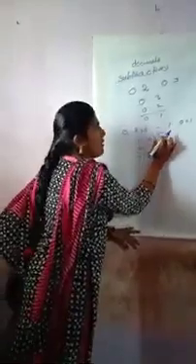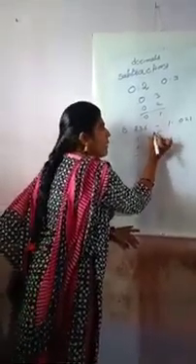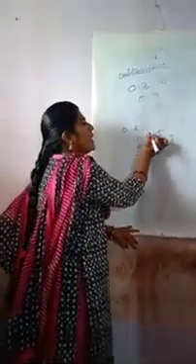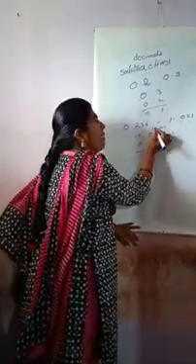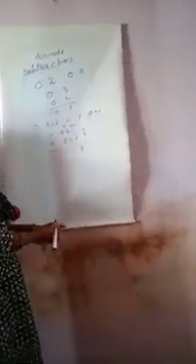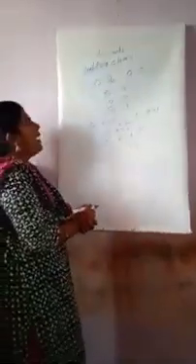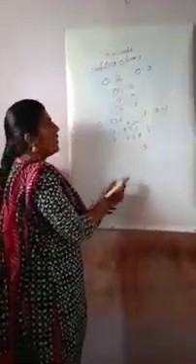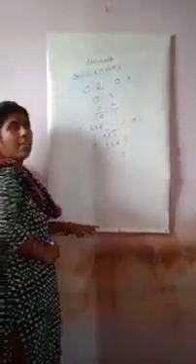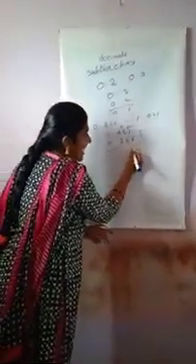This number is taken to the 1. So, this remaining is 1. 1, 3. So, add the 1, 10 plus 1, 11. 11, 3. 11 minus 3, how much, children? 8.